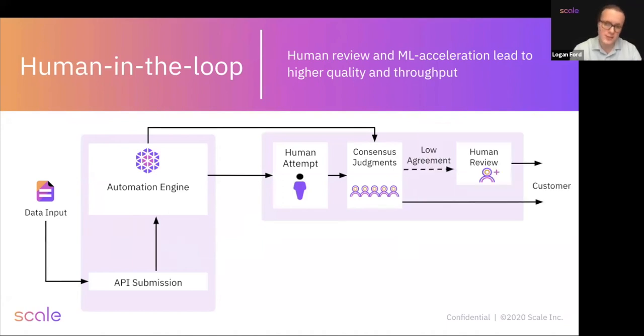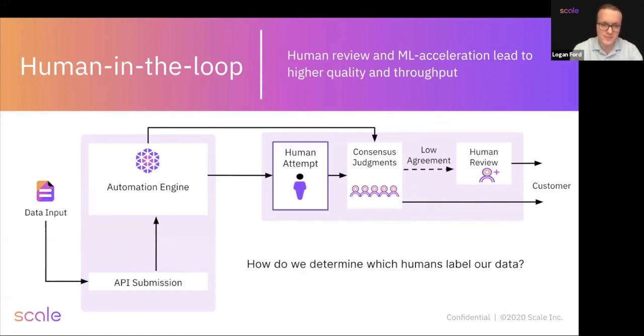And in certain cases, when we are unable to meet high enough consensus, we can, for example, have those low agreement tasks go to an expert human reviewer that we trust more confidently. And then eventually this data goes back to the customer.